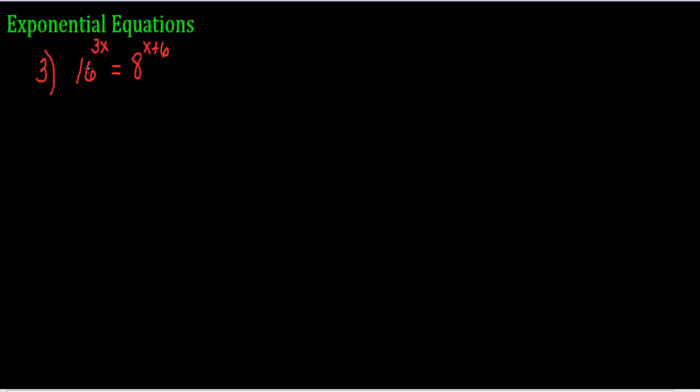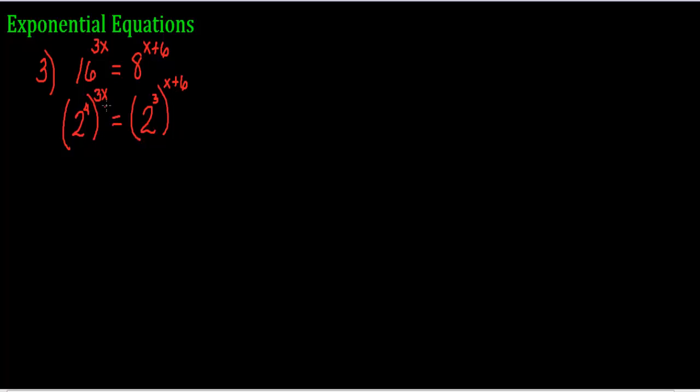So let's try that. Let's rewrite 16 as 2 to the 4th power. Now remember that 16 is raised to the 3x power, so we raise this to the 3x power. And then 8 I can rewrite as 2 to the 3rd power, but remember that 8 is raised to the x plus 6 power.